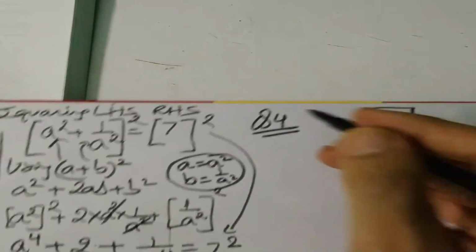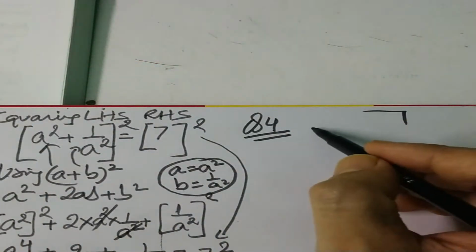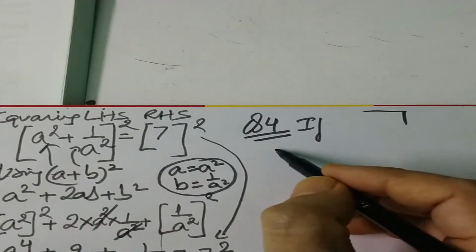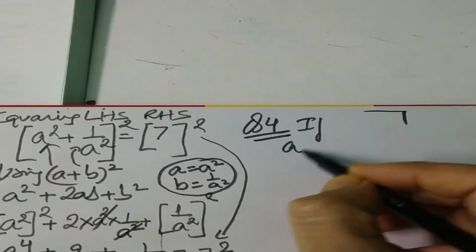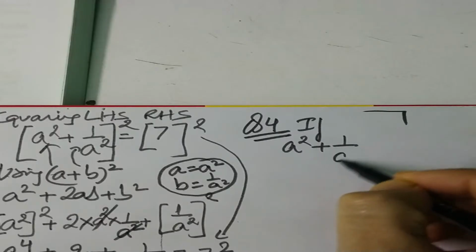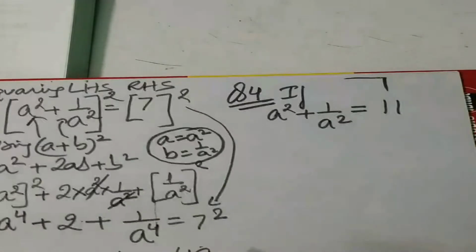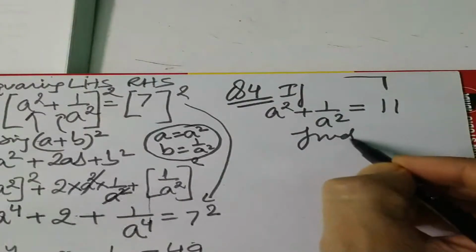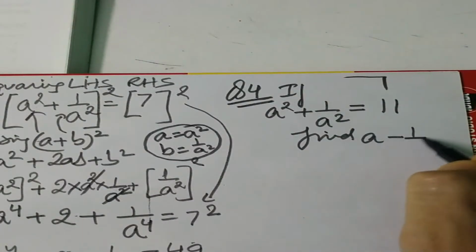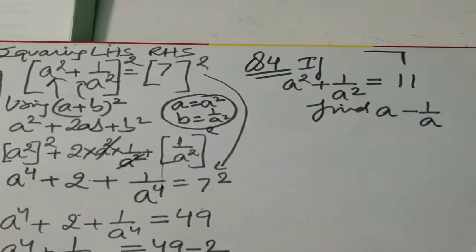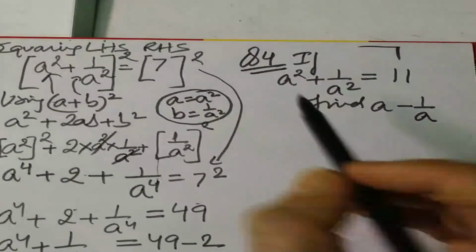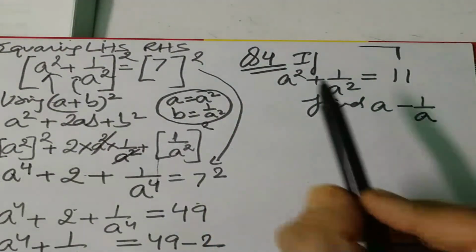Now in question 4, it is written that if a² + 1/a² is equal to 11, find a - 1/a.